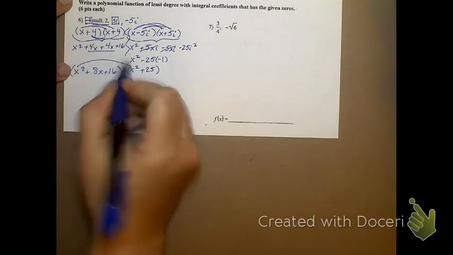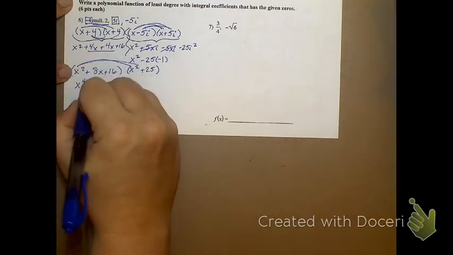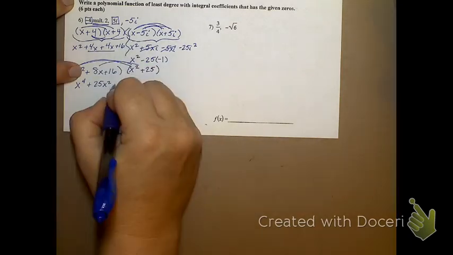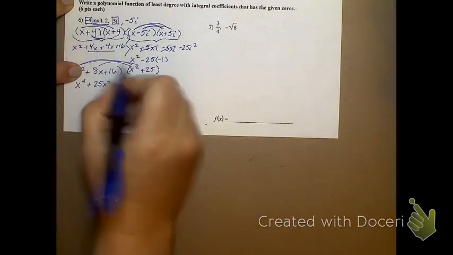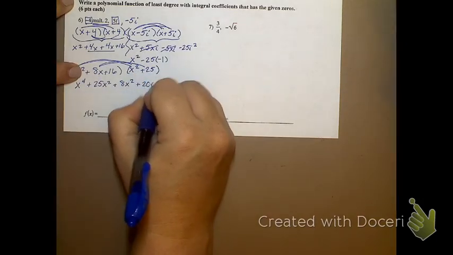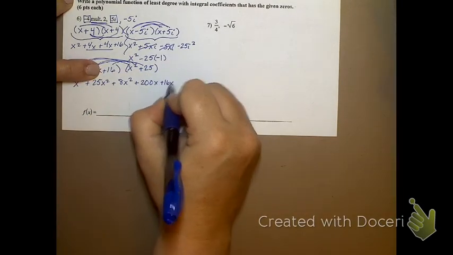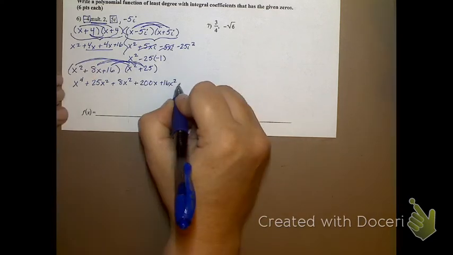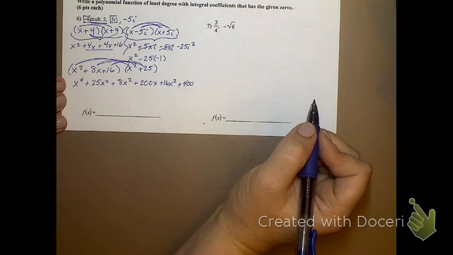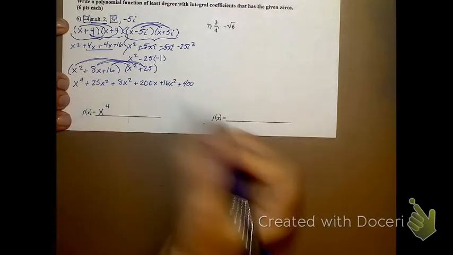x squared times x squared is x to the 4th. x squared times 25 is 25x squared. 8x times x squared is 8x cubed. 8x times 25 is 200x. 16 times x squared is 16x squared. And 16 times 25 is 400. All right, in standard form, what comes first? x to the 4th.